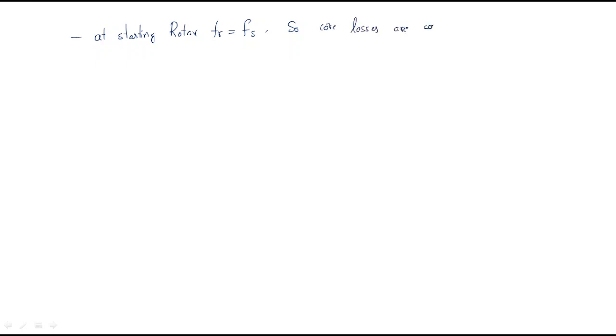But at running condition, the rotor frequency is equal to slip times the stator frequency. Then slip is low, so the core losses are negligible. Core losses are negligible. So that's a very important thing.